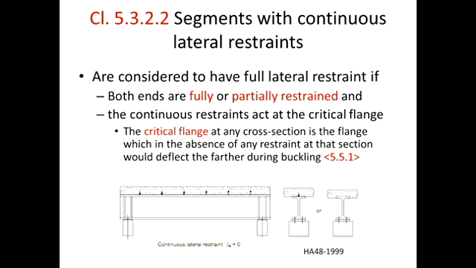So critical flanges normally refer to the flange which would be under compression, because if you look at section capacity, so if we are determining the slenderness or the plate element slenderness and looking at the yield and plastic limits, those limits are actually referring more to the flanges which are under compression.